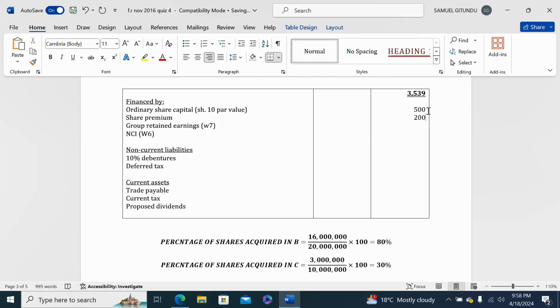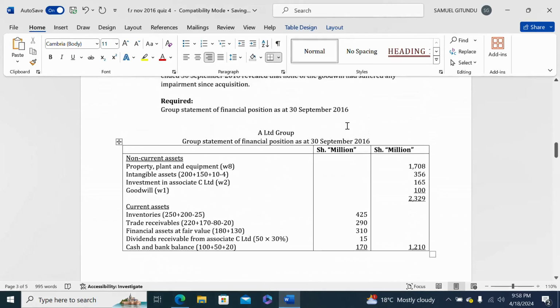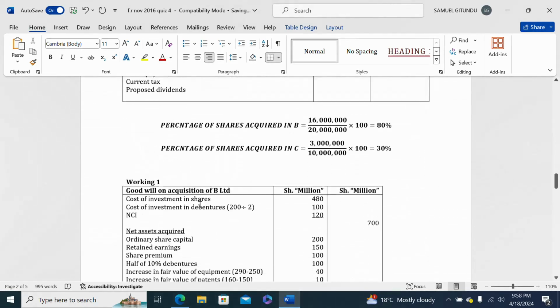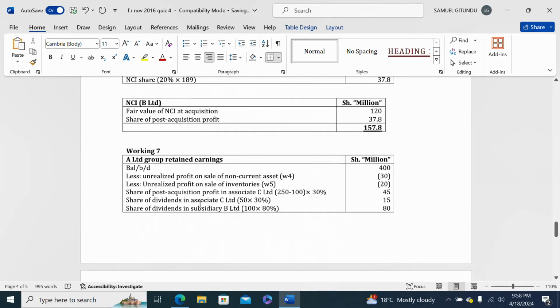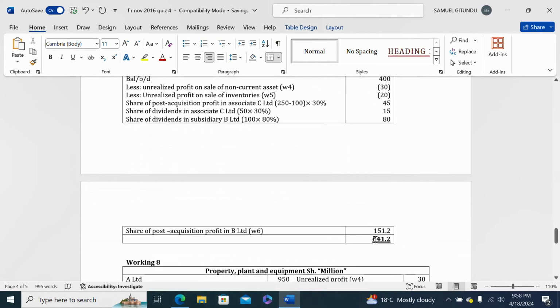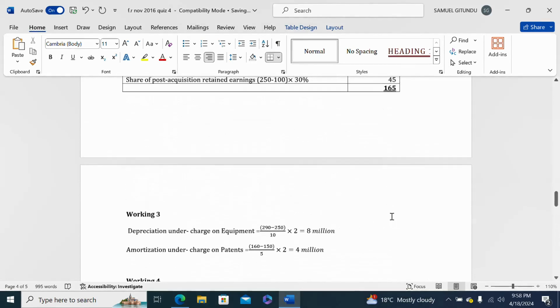And the group retained earnings, in our working note number 7, we got 641.2.